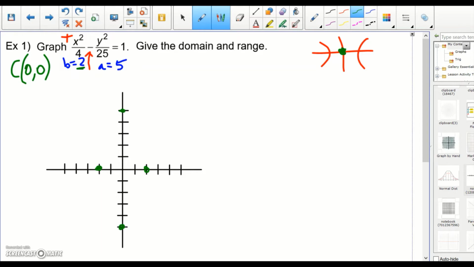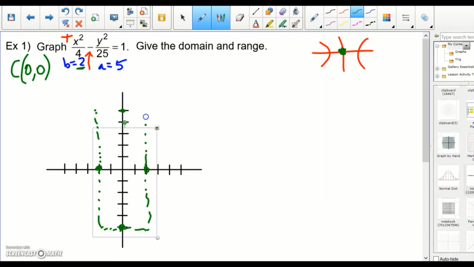I don't want to call those vertices, but they are also important points. Here's where it gets kind of weird. We have to draw kind of a box. That is not part of our graph, but that's just what we're going to use.